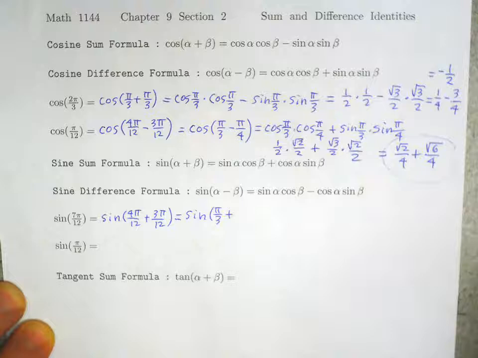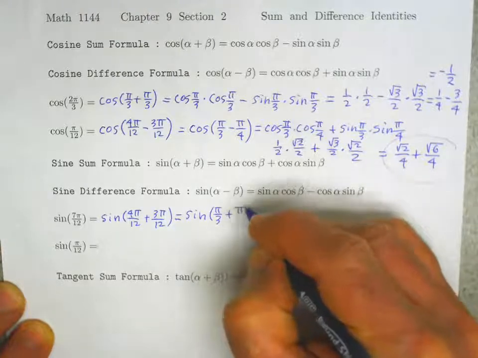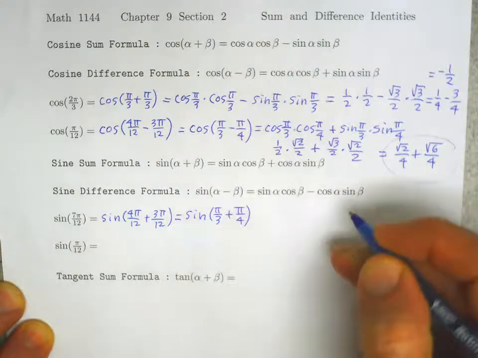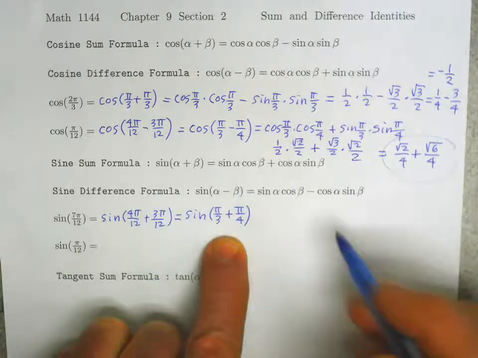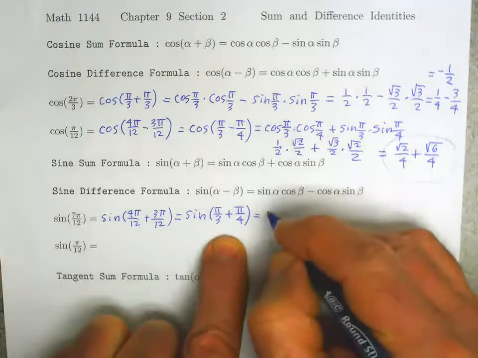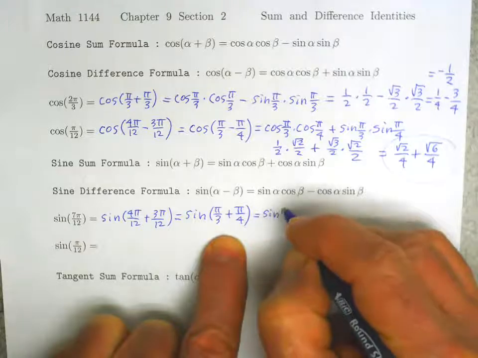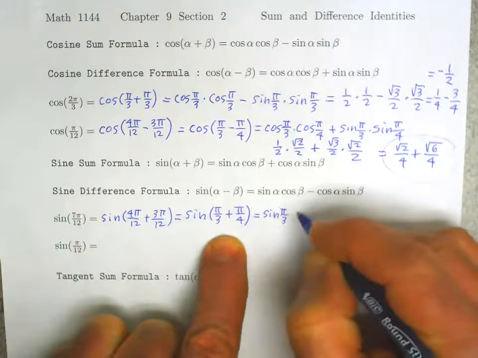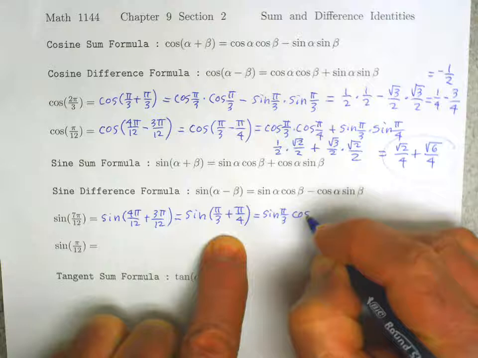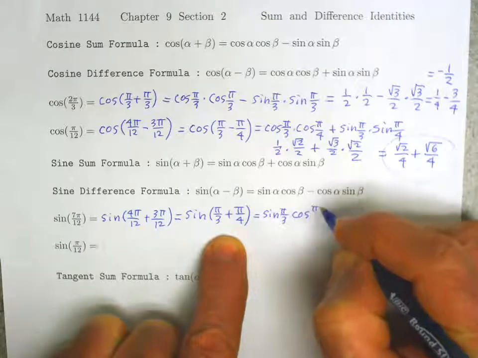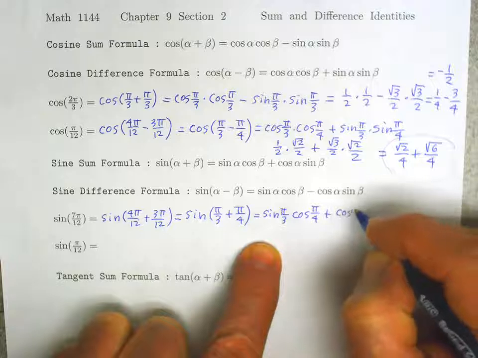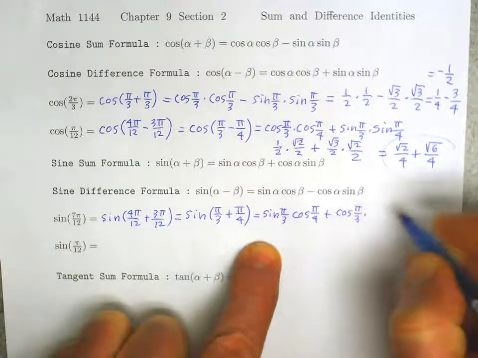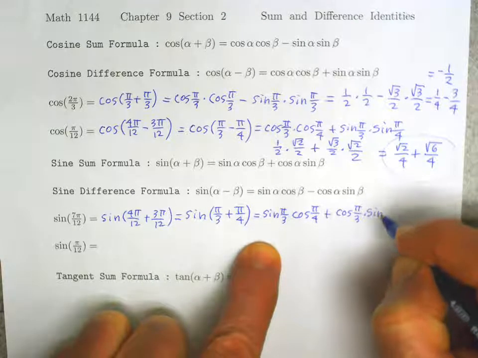And 3 pi over 12 is pi over 4. So using the sine sum formula, this is equal to the sine of pi over 3 times the cosine of pi over 4, and then plus the cosine of pi over 3 times the sine of pi over 4.